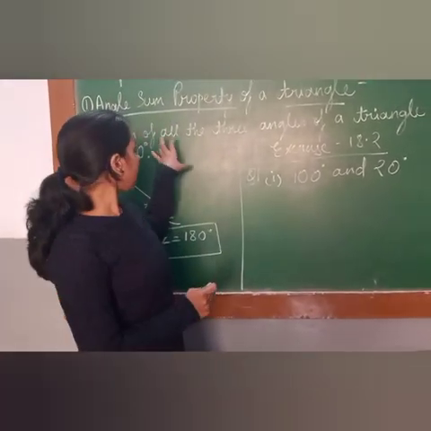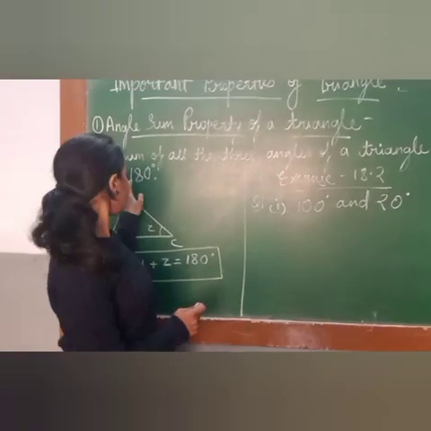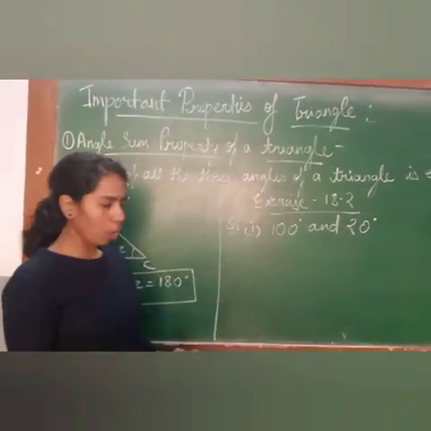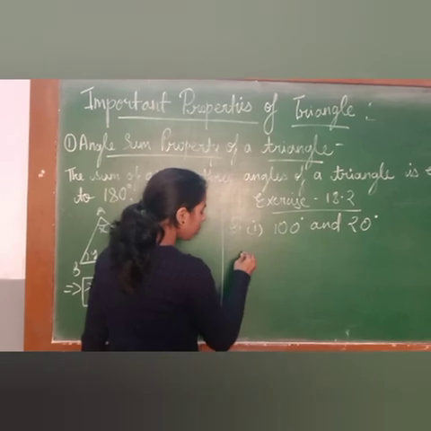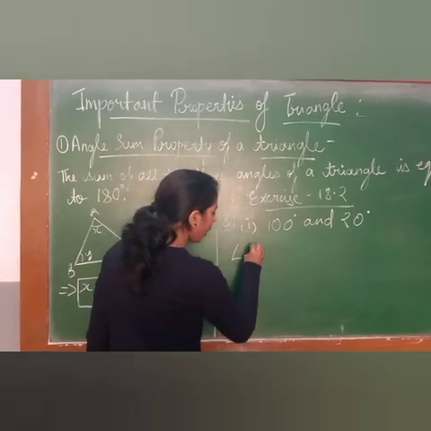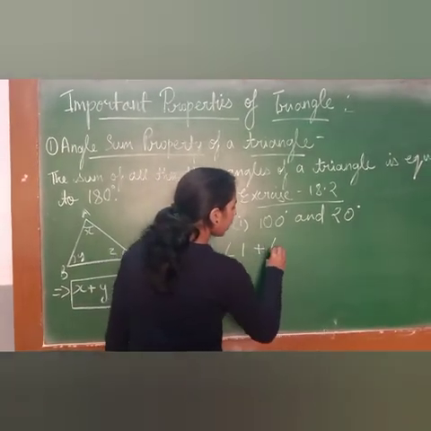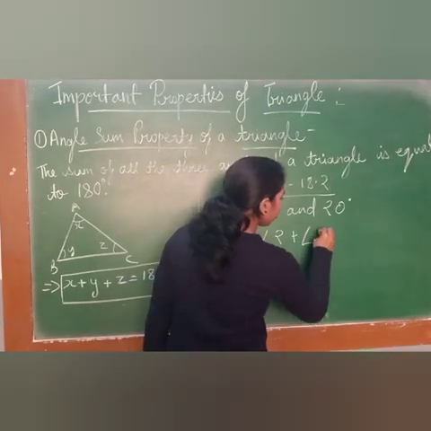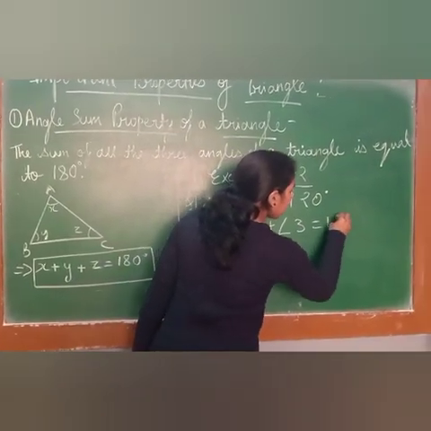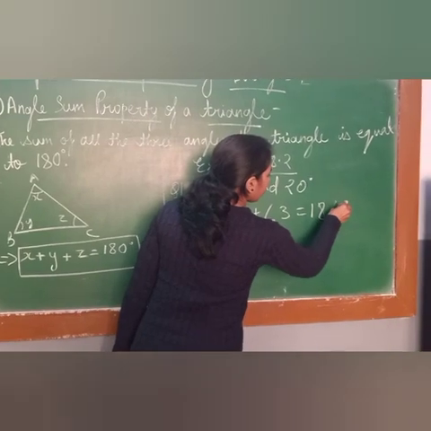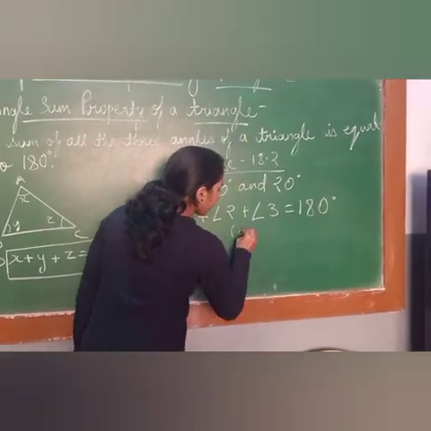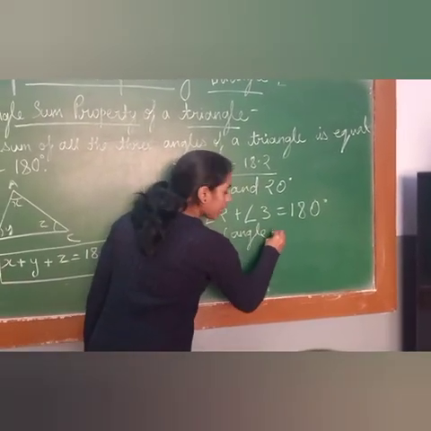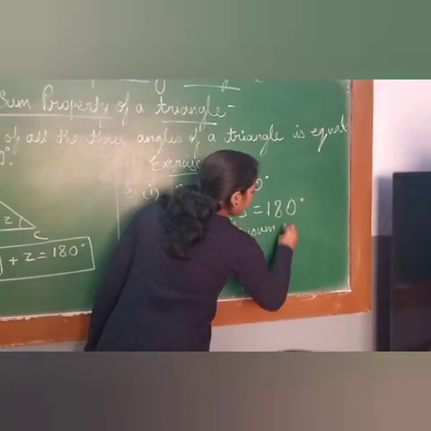You know that the sum of all the three angles of a triangle is equal to 180 degree by angle sum property. So you are going to write angle 1 plus angle 2 plus angle 3 is equal to 180 degree, and in bracket, students, you are going to write angle sum property.